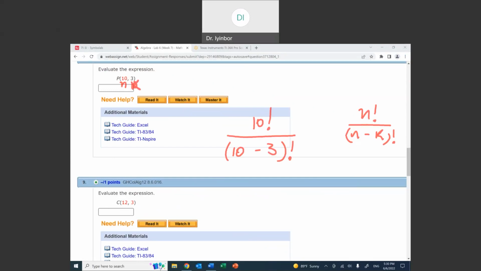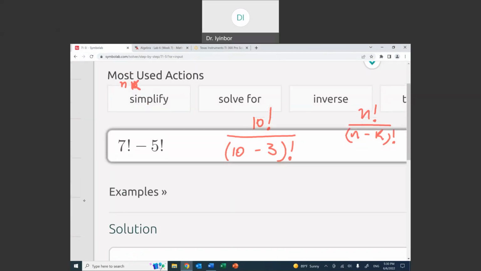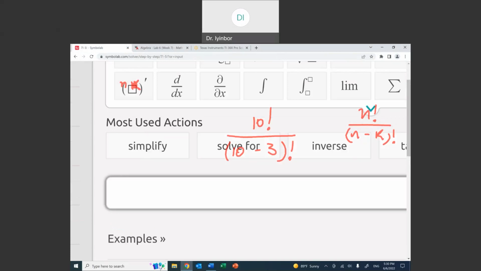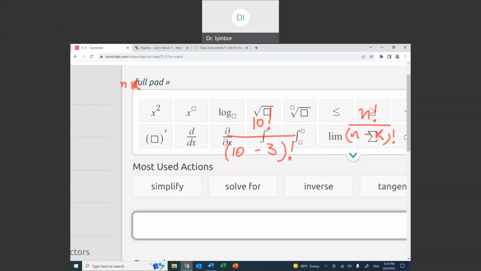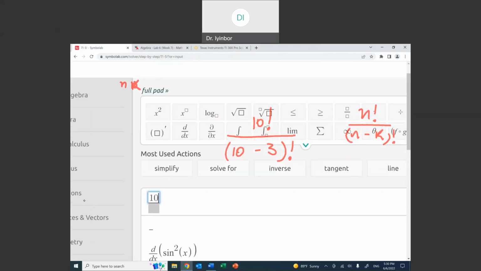If you plug this into your calculator, you have to put the fraction first. I'm going to put the fraction, 10 factorial, and that's what I'm doing here also. I have the fraction key here too. Click on that, and then put 10 factorial over, and I need to go to the bottom, parentheses 10 minus 3, close it, and then put factorial.